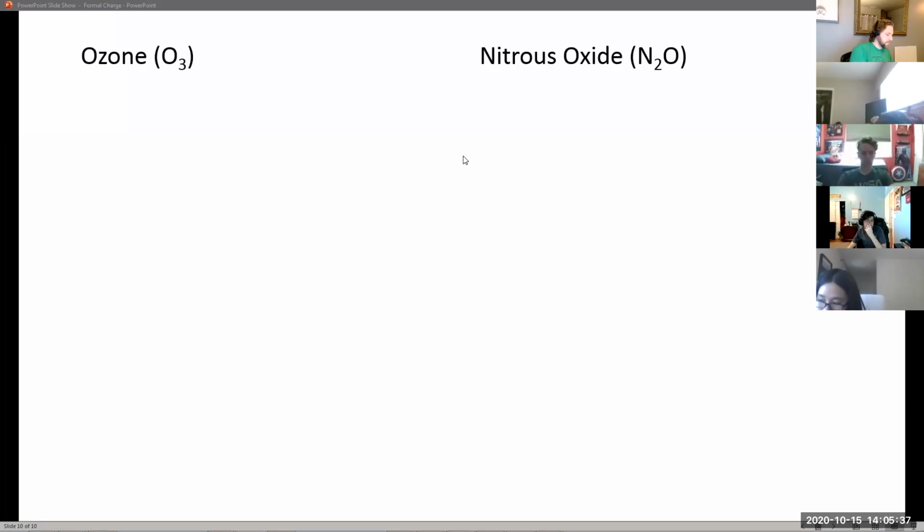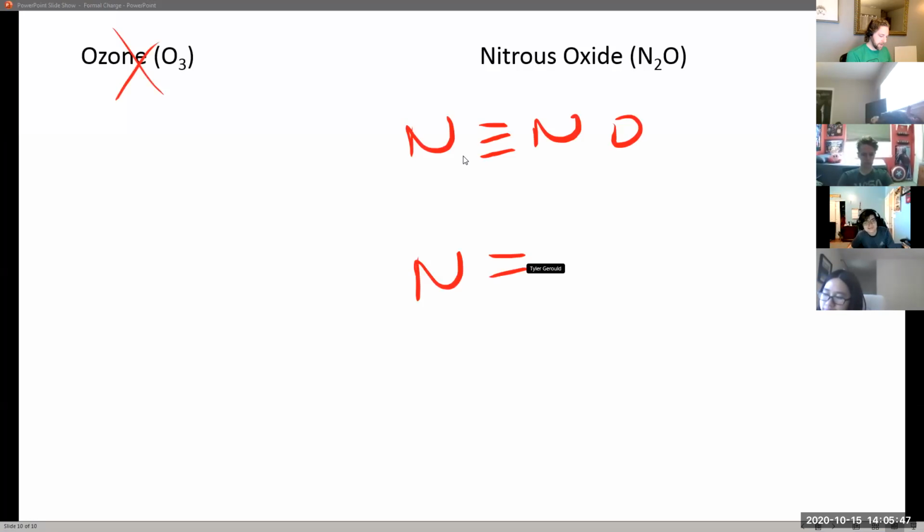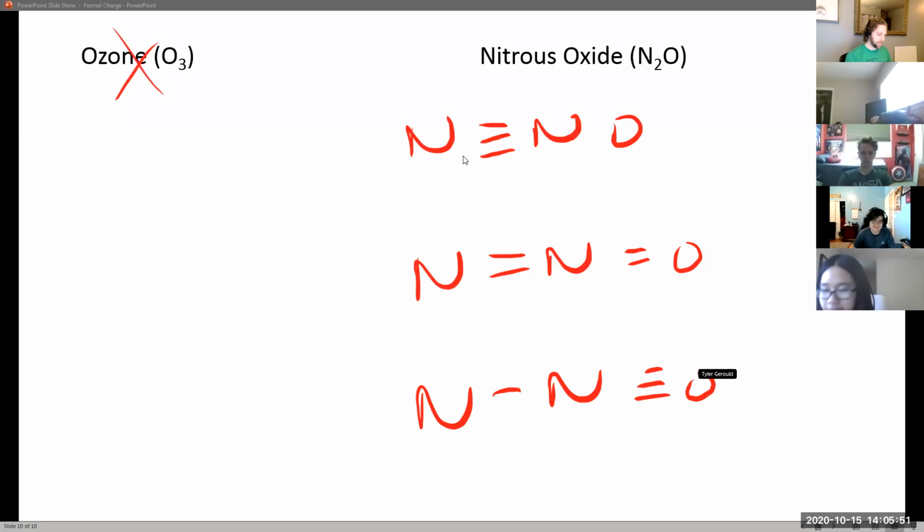The nitrous oxide one, we'll do ozone later. With nitrous oxide, we have the triple bond format, we have the 2 double bond format, or you can have the triple bond to the oxygen format. And so what we are able to do is use formal charges to justify which structure is the most stable. If we were to just draw one Lewis structure, which would be the best one?